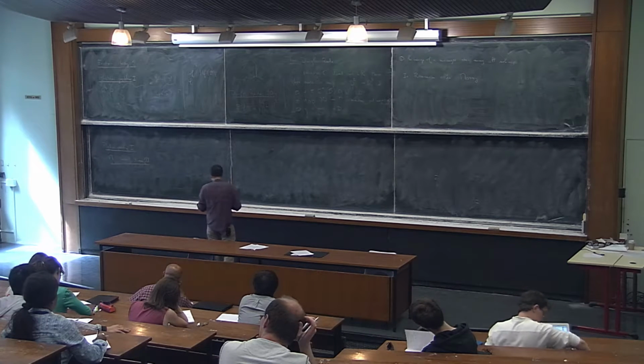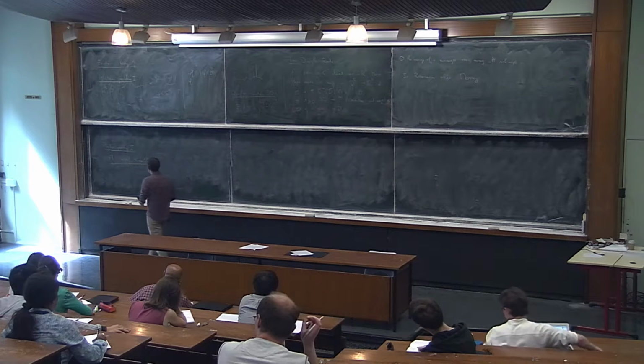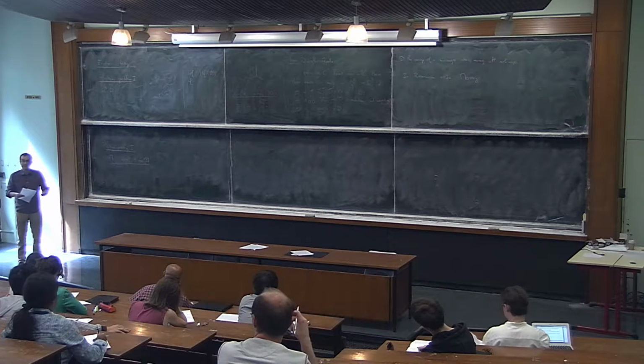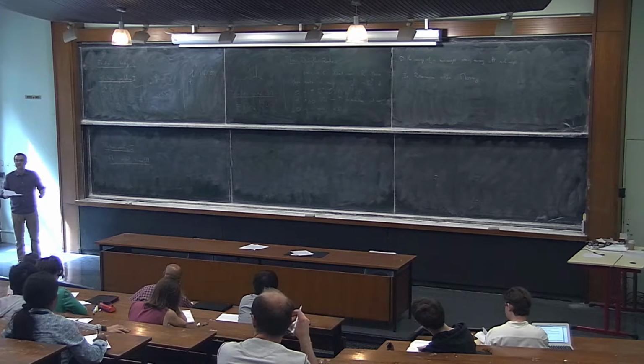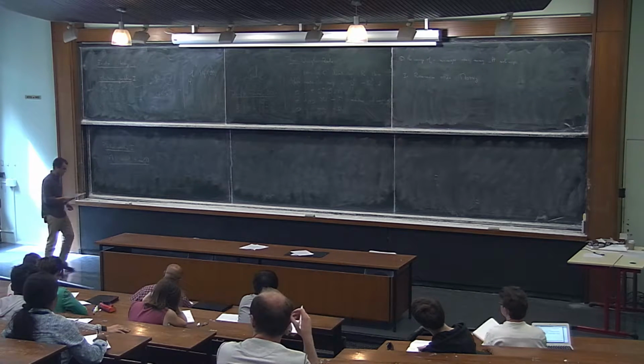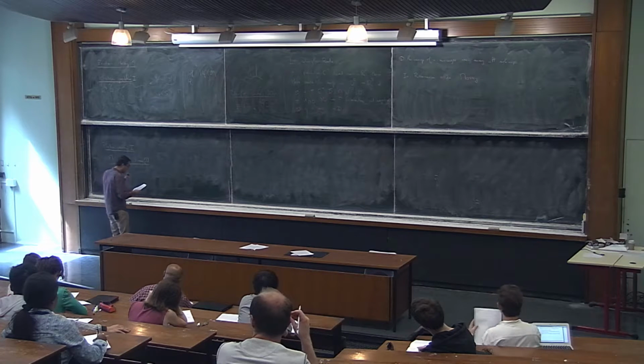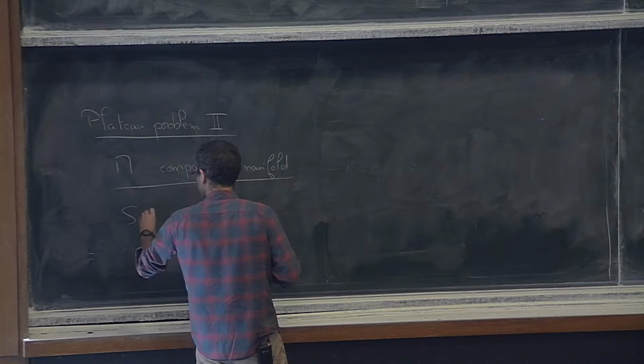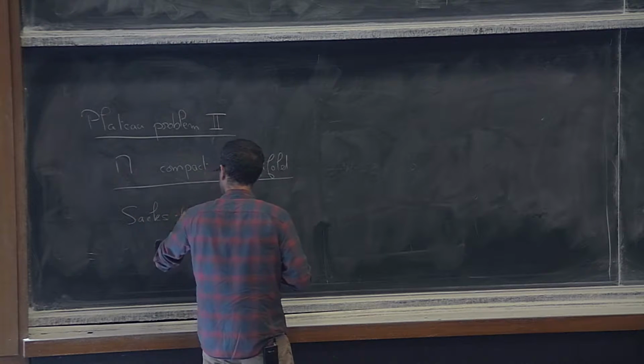And in fact, this work has been done by several persons. You have several approaches, several notions of what it means for the topology to be non-trivial. So let me mention several persons. There is a first work which is due to Sacks and Uhlenbeck.